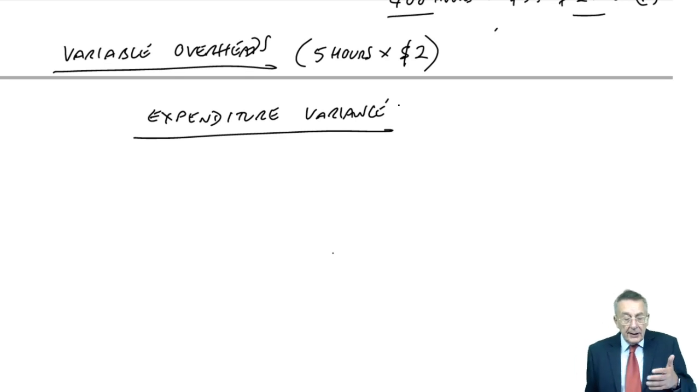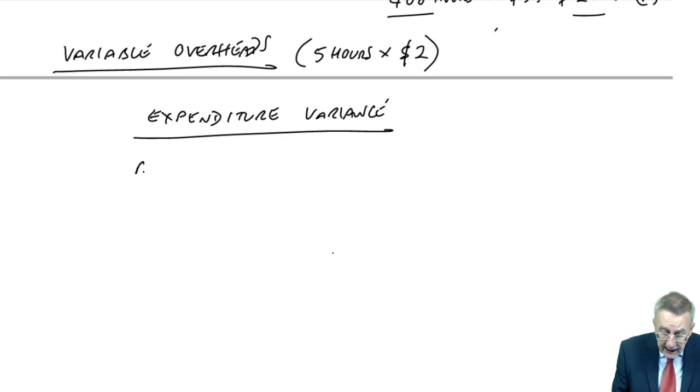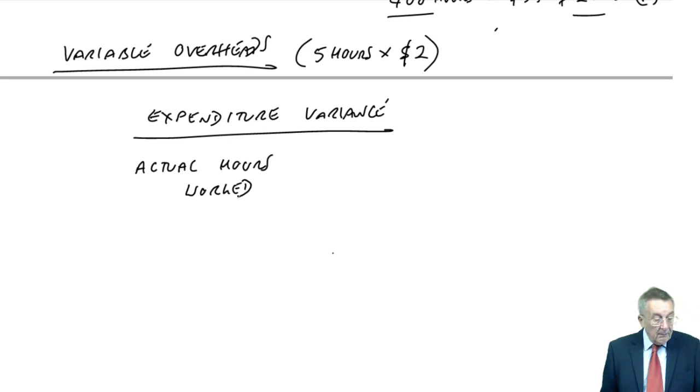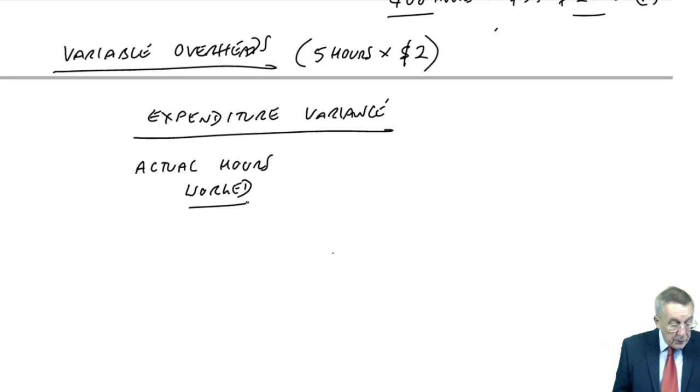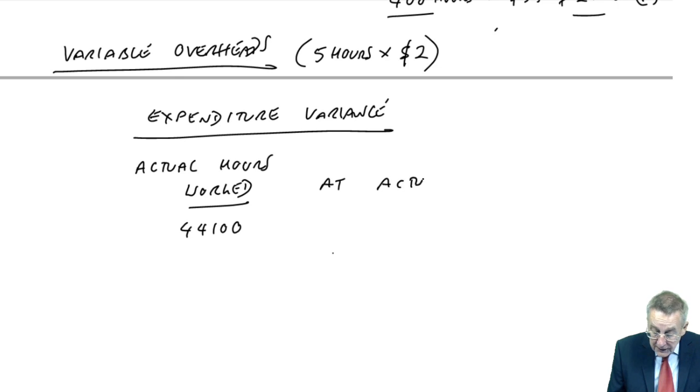So to calculate the expenditure variance, we take the actual hours worked, which is how many? 44,100? At the actual cost.